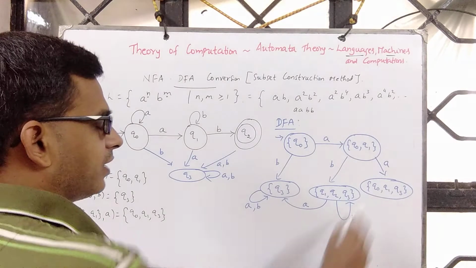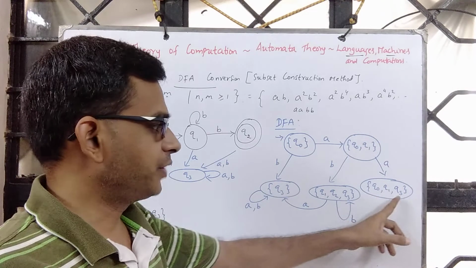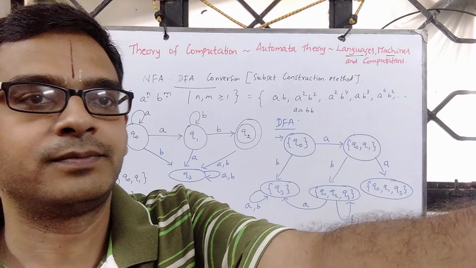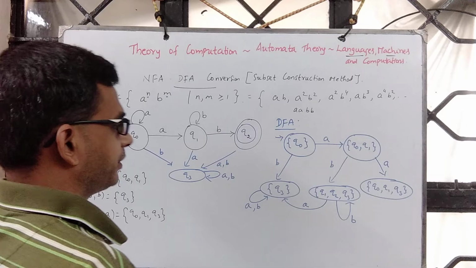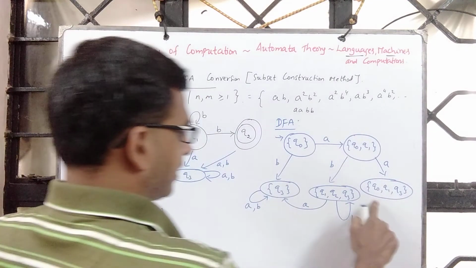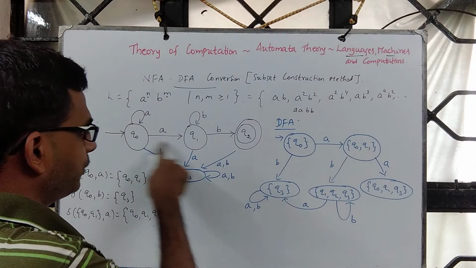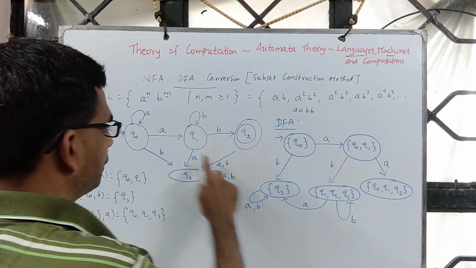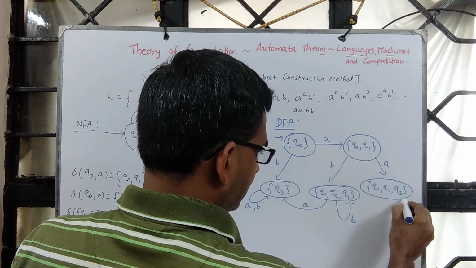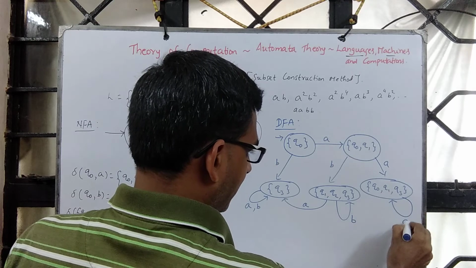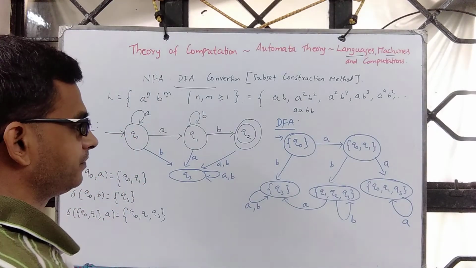Now let's look at this state, Q0, Q1, Q3. If we simulate A on this, Q0, A says Q0, Q1; Q1, A says Q3; Q3, A says Q3, which means we stay at the same state and continue to read any number of A's.